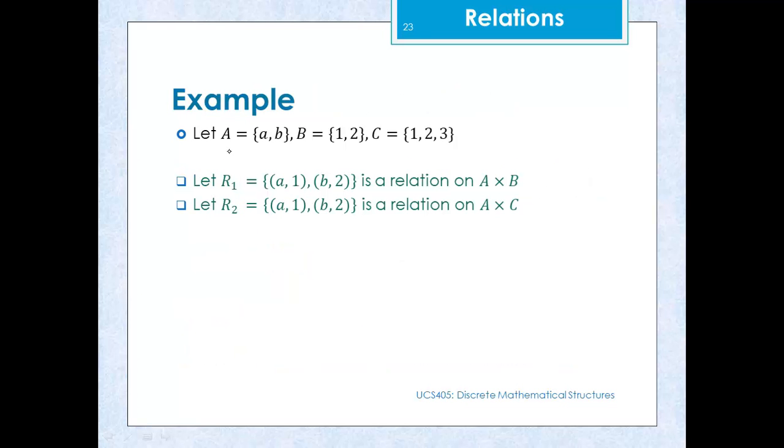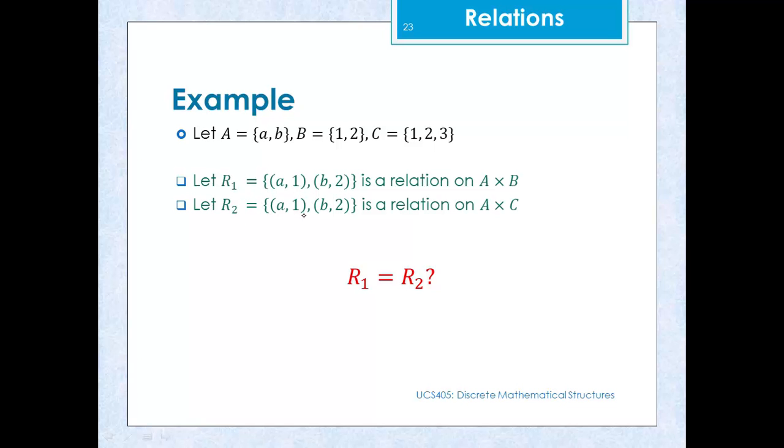If we have three sets A, B and C containing these elements, and we define a relation R1 on A cross B, and we define a second relation R2 on A cross C, these are the relations R1 and R2. So can we say R1 equals R2? Now if you see it, R1 equals (a1, b1), (a1, b2).